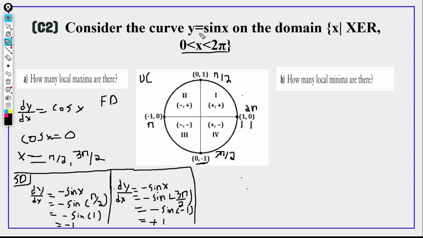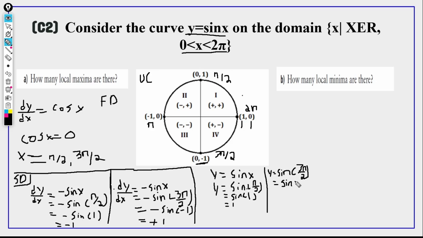Substituting into y equals sin x: at pi over 2, sin is 1, so y equals 1. At 3 pi over 2, sin is negative 1, so y equals negative 1.